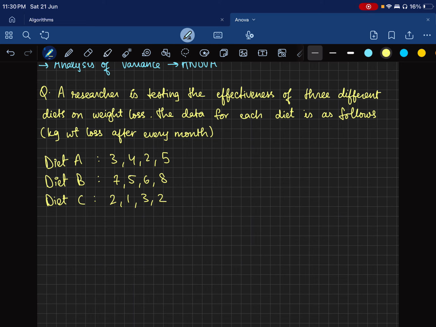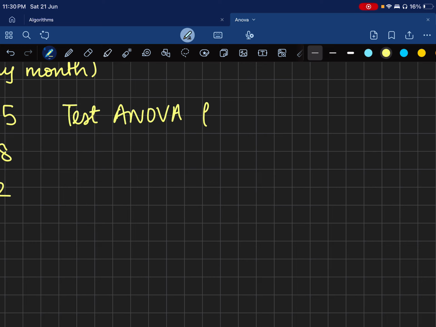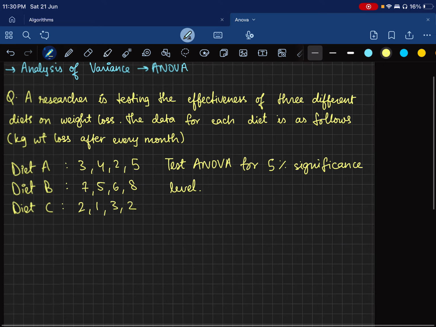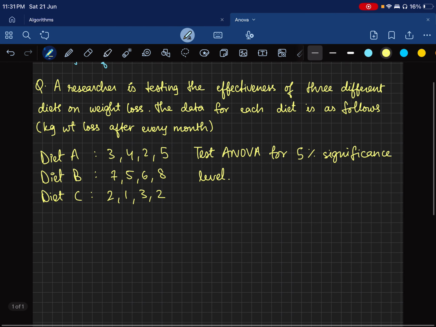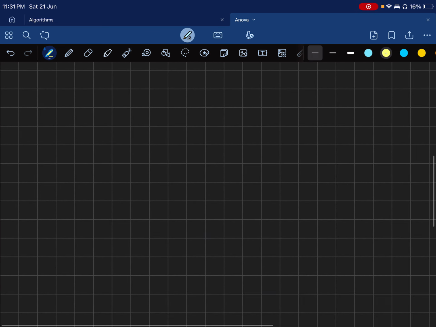According to this question, they're asking us to test ANOVA for a 5% significance level. This is the entire question, how it will come in your exam. Now let's start solving the question step by step.